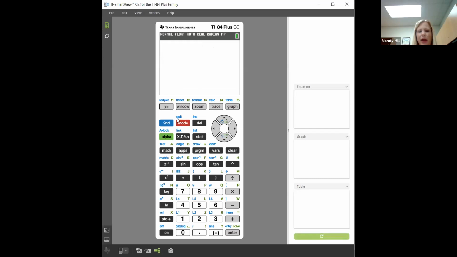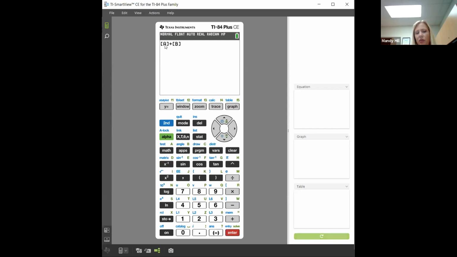And let's say we want to add matrix A plus matrix B. So to do that, we're going to do second matrix. And this time I do want to select A. So I'm just going to hit enter. And remember, we want to add that to matrix B. So I put plus second matrix, and I want to scroll down to B, and this is where I do want to hit enter.